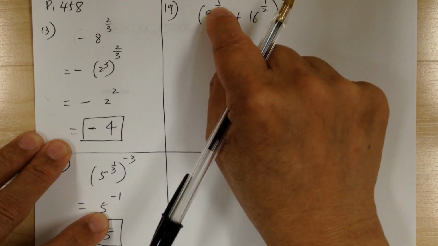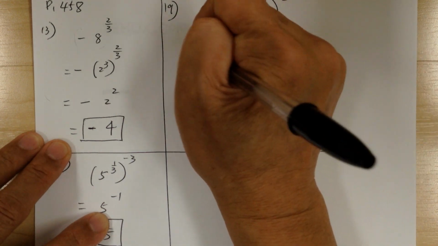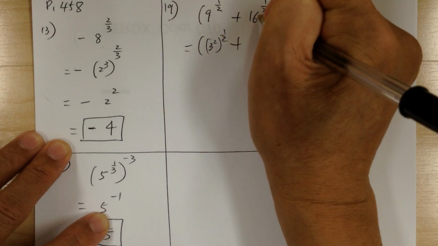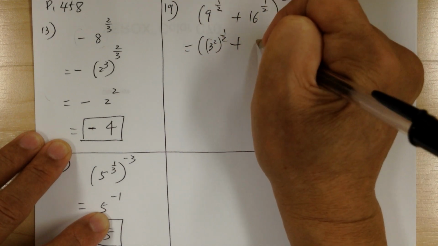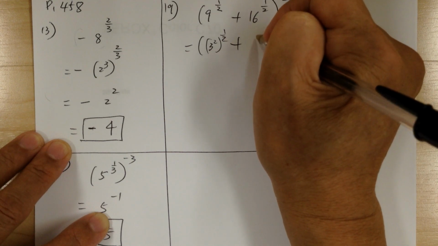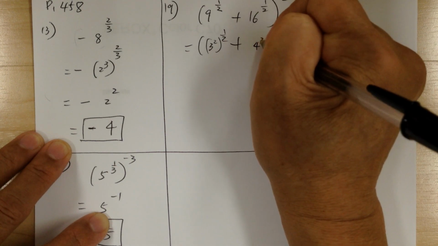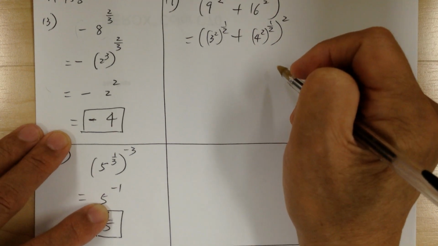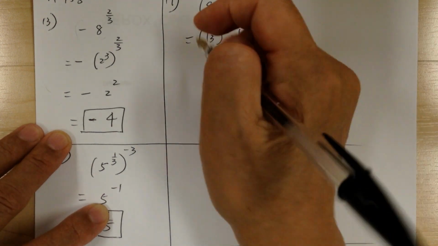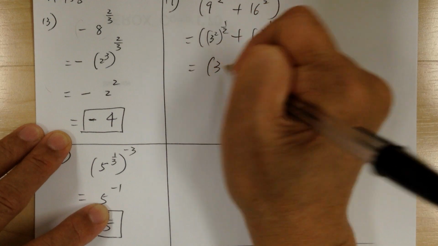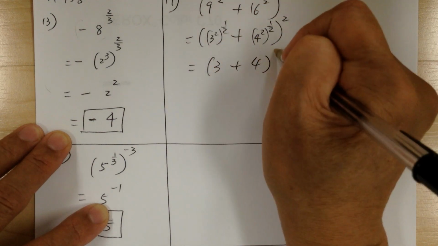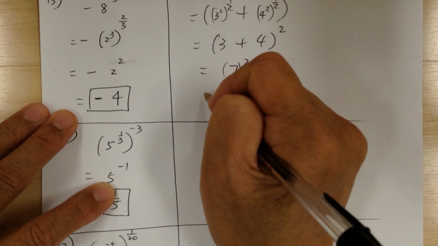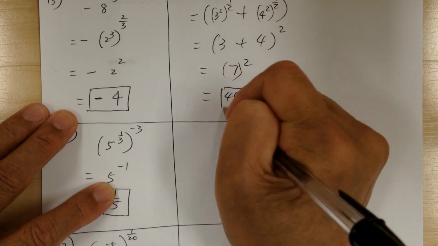So this one you have to simplify each part. 9 is equal to 3 squared, and 16, in this case I don't want to make it into 2s, I'm just going to make it 4 squared. Again, if you don't know what you're doing, make the lowest base possible, but if you do, you don't have to. So this cancels and becomes 3, and this cancels and becomes 4. And so this becomes 7 squared, which equals 49.